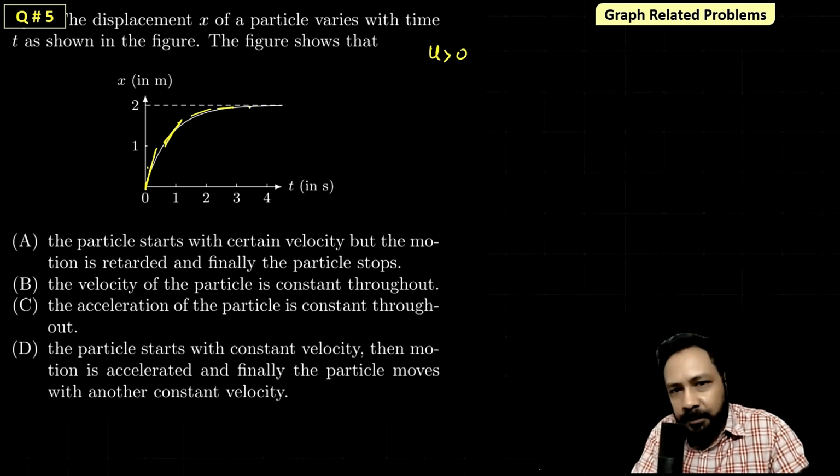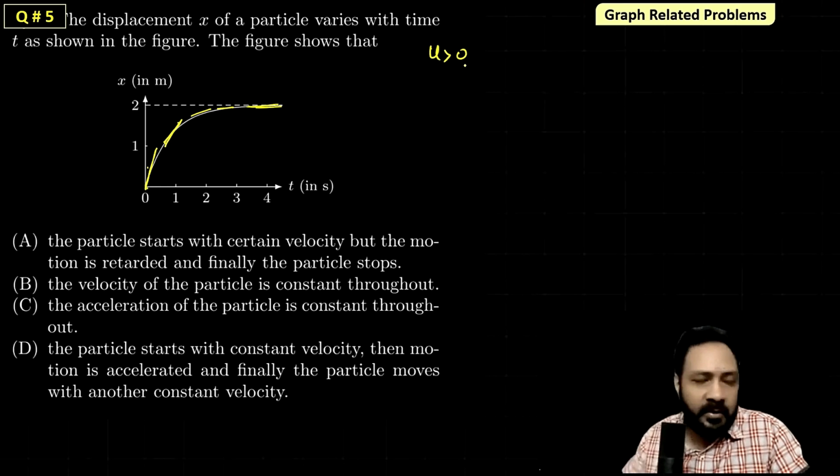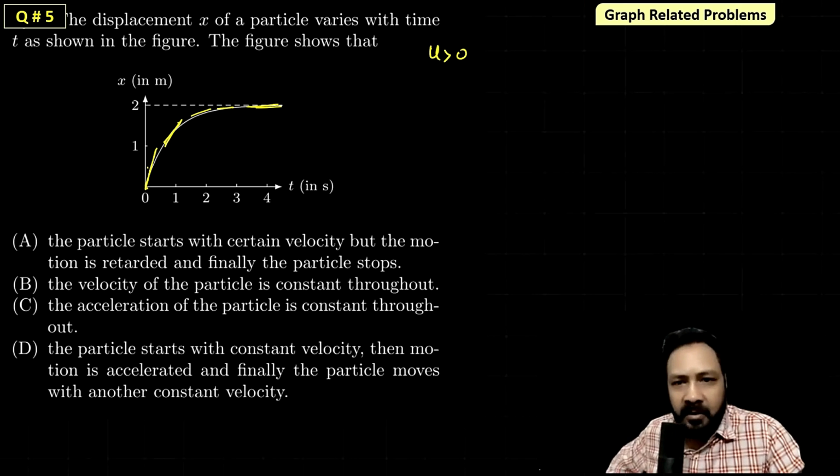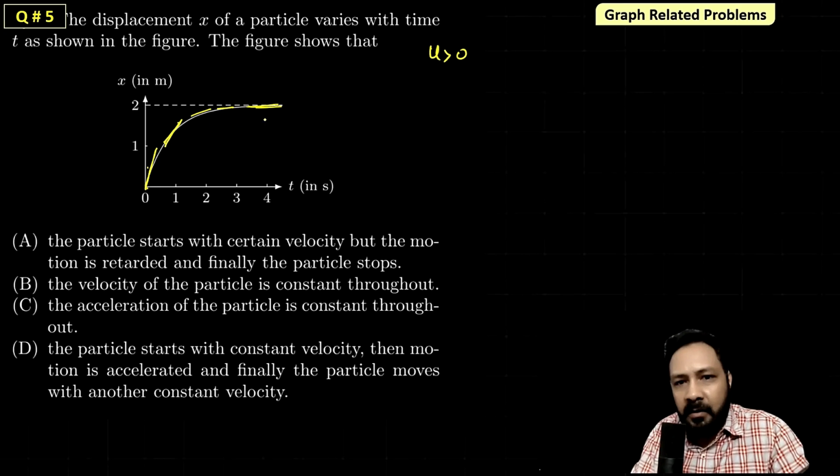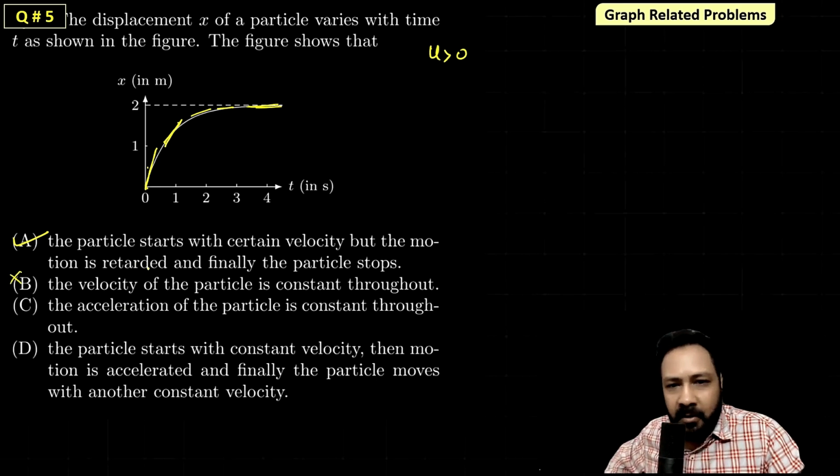Now it is asymptotically becoming 0. So we can say the particle starts with a positive velocity and speed is continuously decreasing. It means the motion is retarded and finally the particle will come to a halt. So option A is correct.